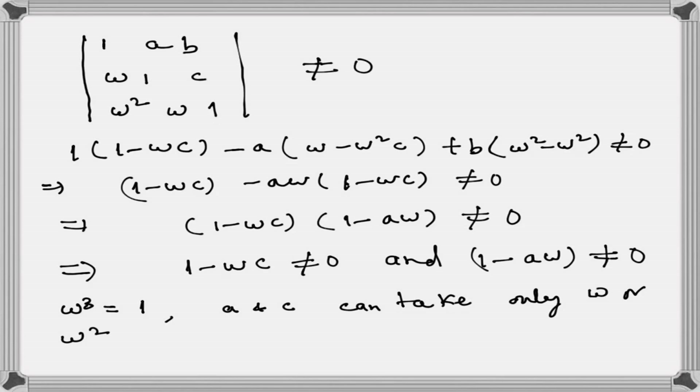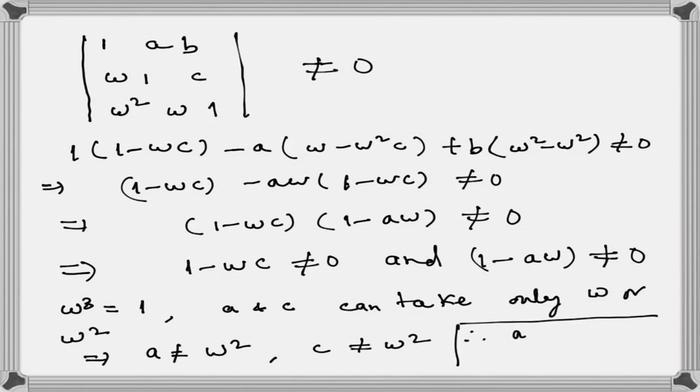Given W cube is equal to 1 and 1 minus WC is not equal to 0, this implies that A is not equal to W square and C is not equal to W square, because if A and C were W square, then 1 minus WC would be 1 minus W cube, which is equal to 0. So the only possibility is that A is W and C is W. Now what can we say about B?